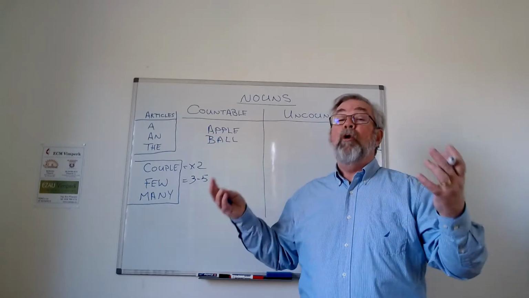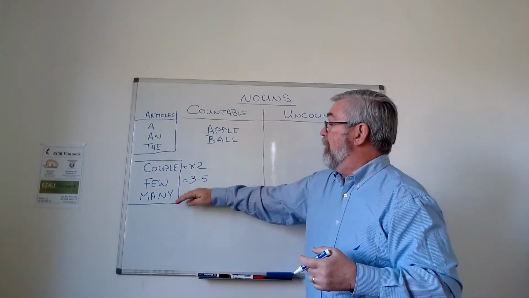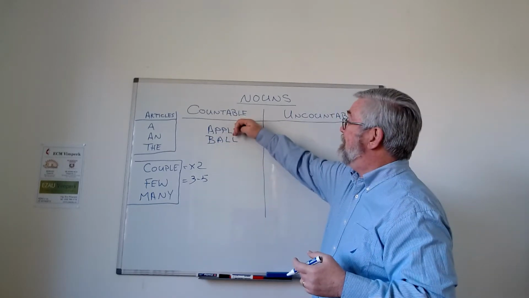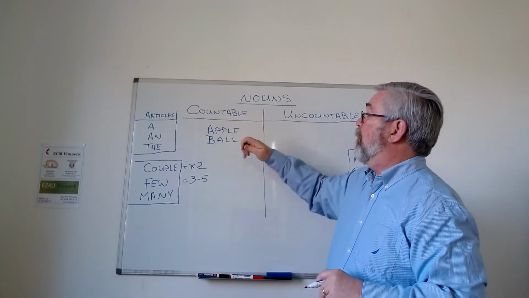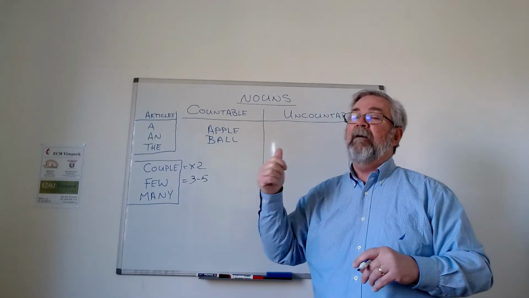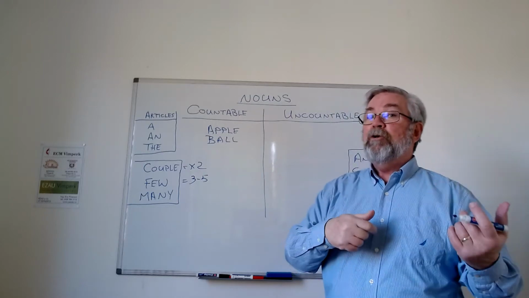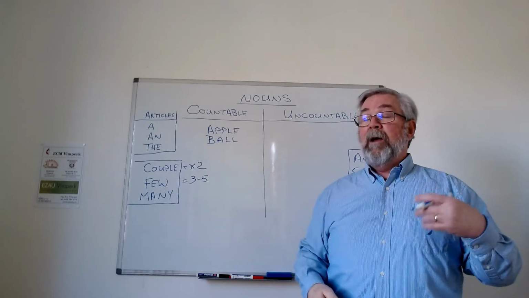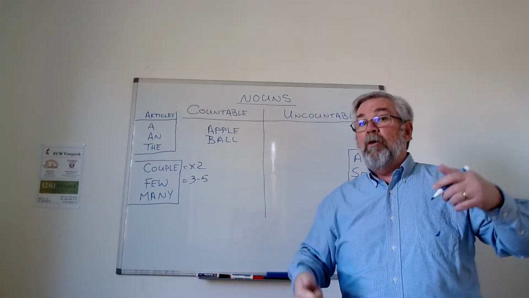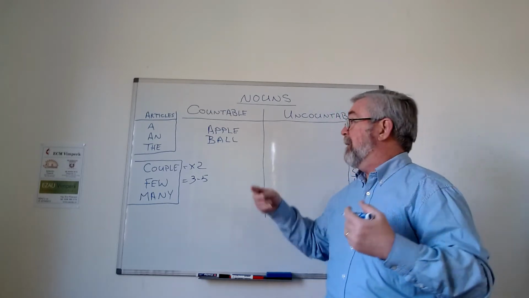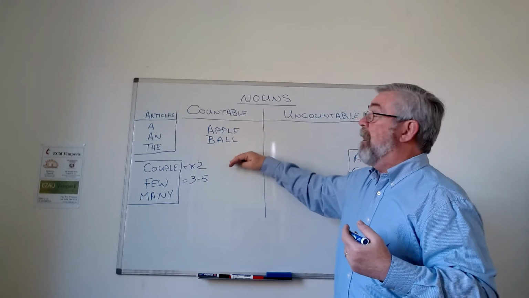So you don't know how many, but there are many apples, it's still countable. So these are countable. You can say I have 1 leaf, 2 leaves, 1 tree, 1 chair, 1 book. These are examples of countable.